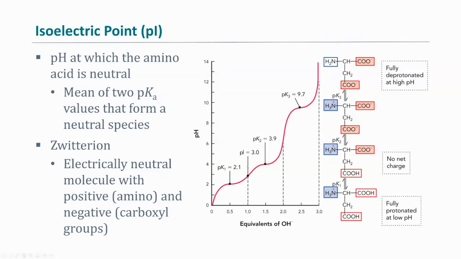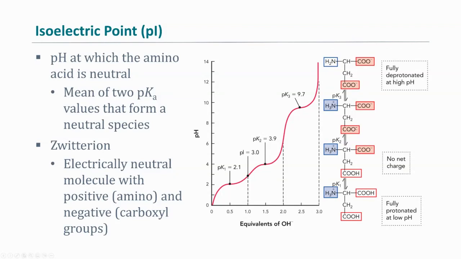If you go up from PI to pK2, you see the difference: you lose the hydrogen ion, not from the main amino acid structure but from the side chain.